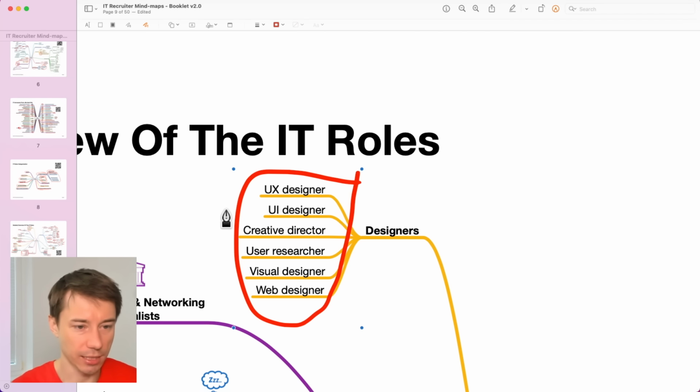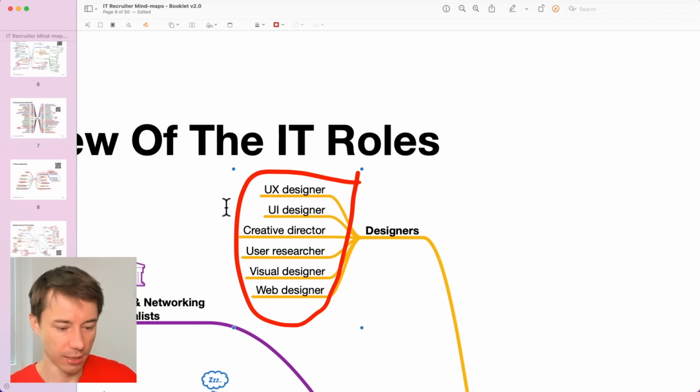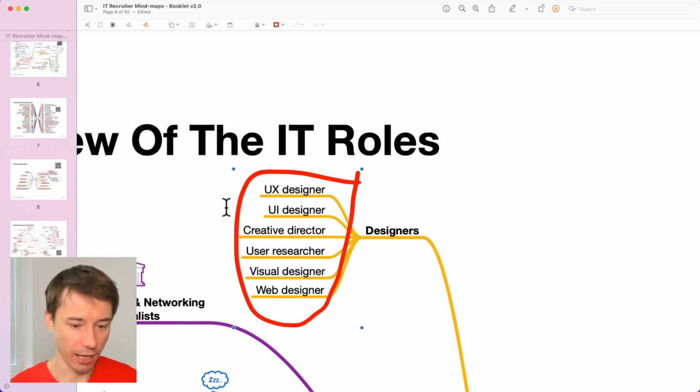Some designers focus on the whole customer experience, and they are able to do some user research, and they do some visual design, some web design, user interface, user experience. So, some like to specialize and work for multiple clients, and some designers work for one client, and they just learn to do everything because that's what the client or the company they work for eventually needs.